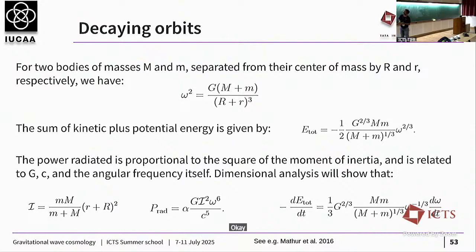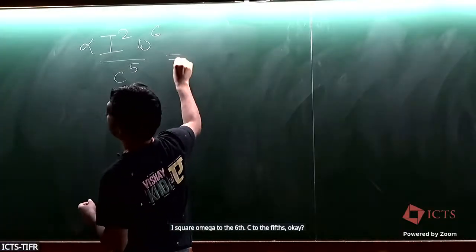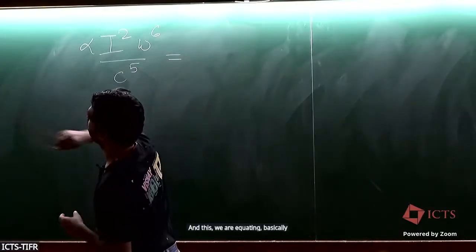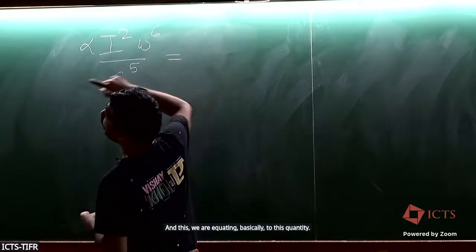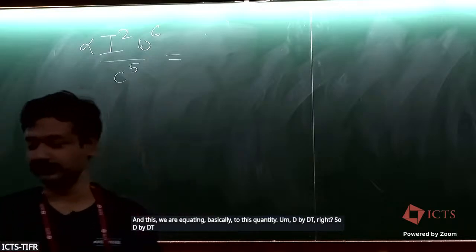Okay, so the radiation is this, I square omega to the 6th, c to the 5th, okay? And this we are equating basically to this quantity, dE by dt, right? So dE by dt is okay here, right? So 2 by 3 comes down, it cancels with this half, so you get a 1 by 3.